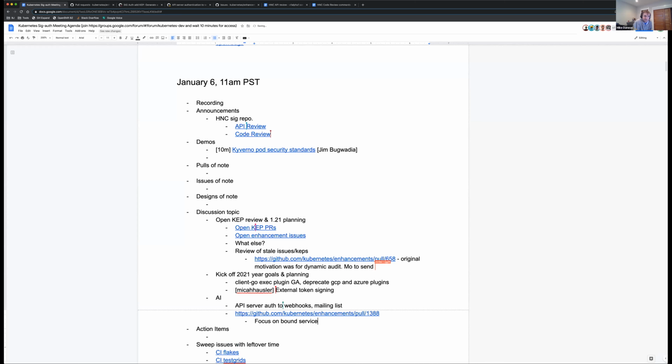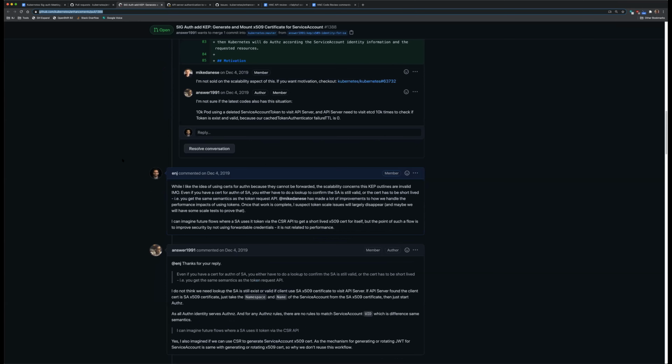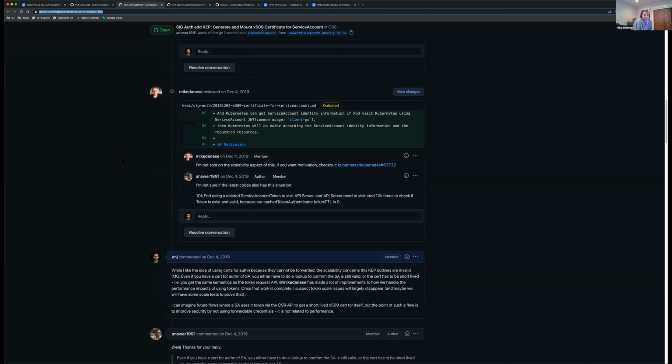Bound service account tokens only solve the client authentication side of things. Did that KEP discuss serving certificates? I agree that is much more interesting, but I didn't remember it talking about that. It does. Yeah. What does that even mean for a service account? Nobody knows.